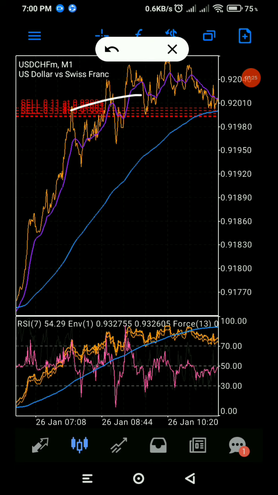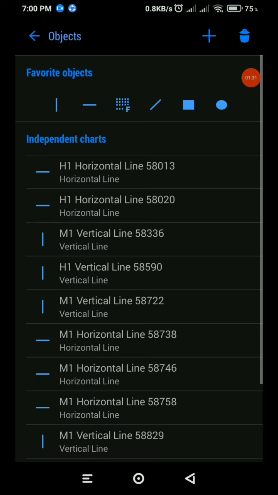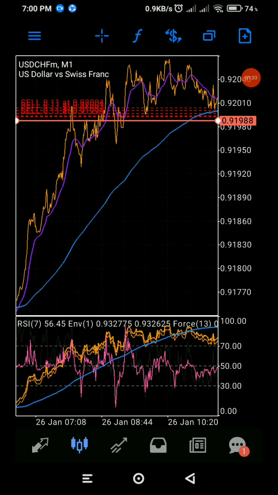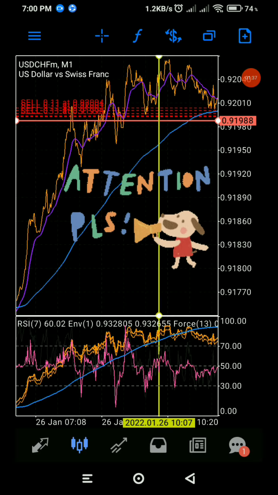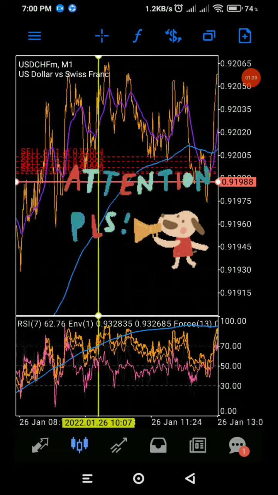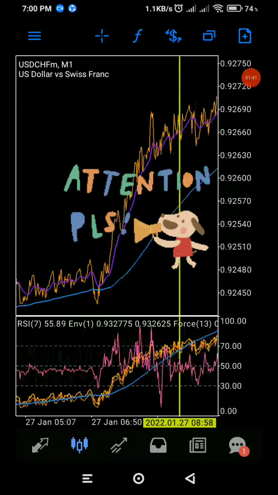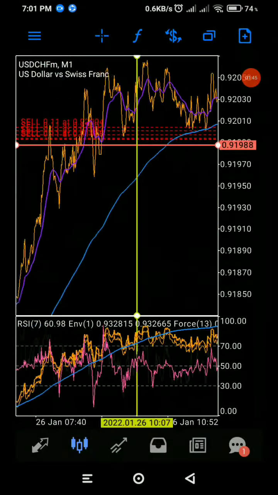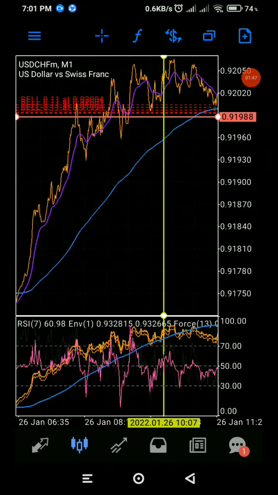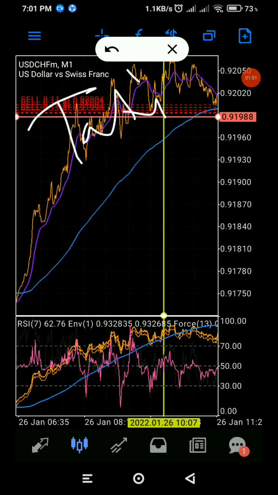Pay attention. So here, the M1 chart of Swiss franc, and here the entry. I'm marking the level of our entries with a horizontal line, and the proper time of entries with a vertical line. So the pink and green lines show you where we took the sell entries for this USD Swiss franc.